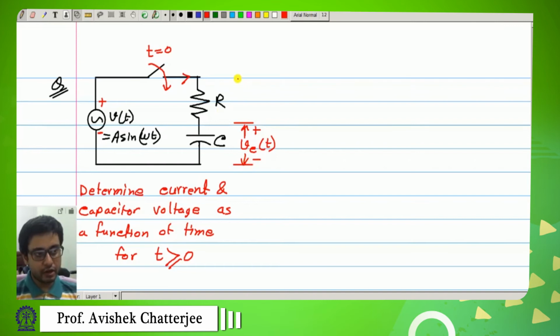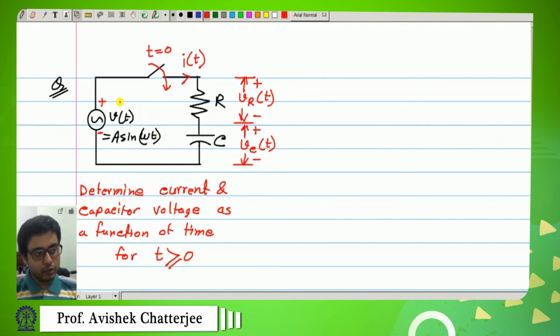The voltage across this resistance is vr(t), with the upper side as positive reference and the lower side negative. This current is a function of time, i(t). So we have to determine how it and vc(t) change after the switch is closed.